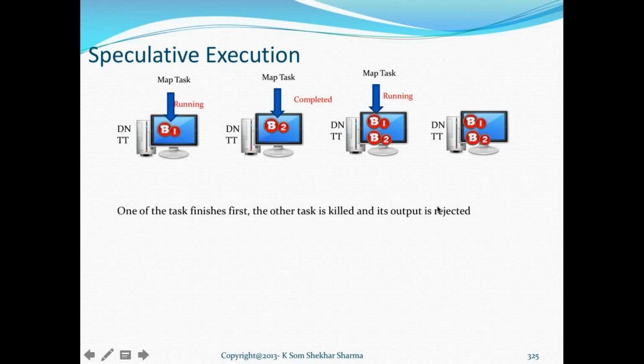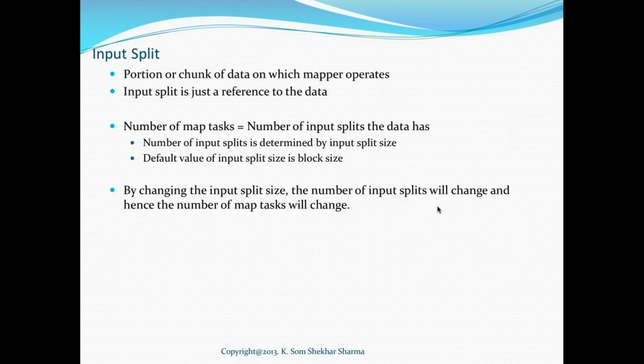Okay, and now let us talk about input split. As I've explained a couple of slides back, the number of map tasks equals the number of blocks. Also, I have introduced the word typically, wherein I referred that a map task typically works on a block of data.